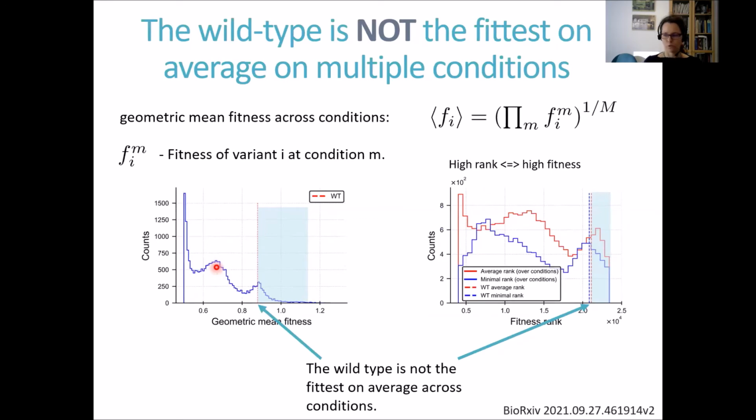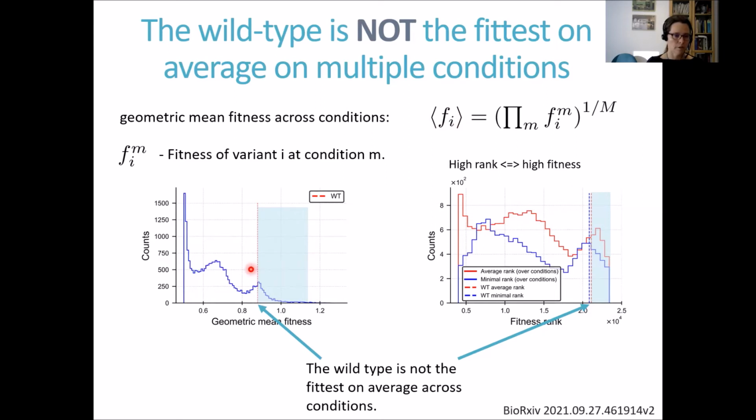Okay, so another way to test that was to define the geometric mean fitness of these genotypes. If we assume that all 4 conditions are equally likely, and if we assume that the switching time between conditions is much shorter than the typical time between mutations, the evolutionary time, then we can consider simply the geometric mean fitness over all 4 conditions.